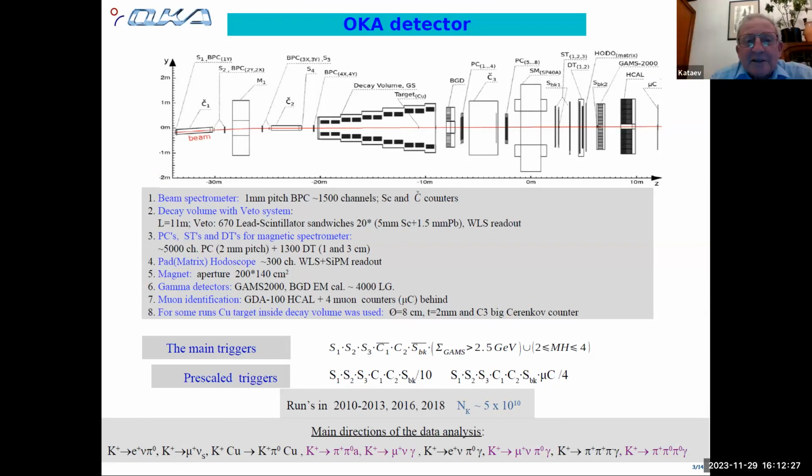It's not K decay, but an interaction of K+ with copper, actually with copper nuclei, and in the final state you have K+ pi0 and copper. To realize this reaction, we put a very narrow thin target inside the decay volume. And here we got some very interesting result.